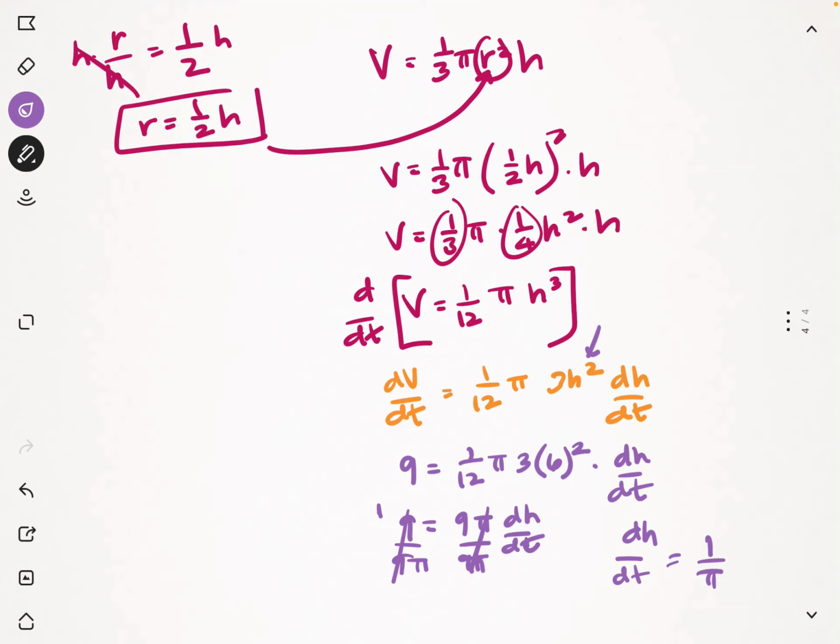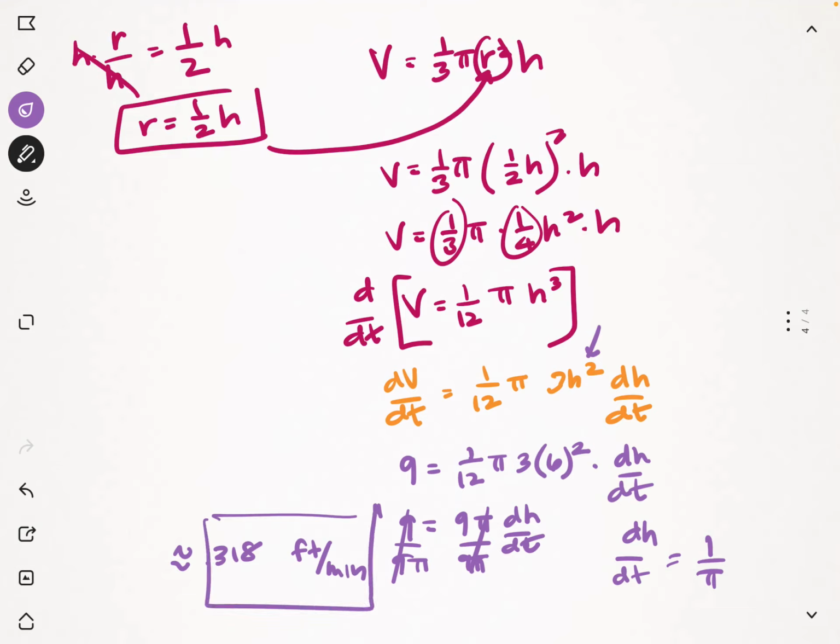Or if we calculate that, 1 divided by pi is 0.318. And that would be feet per minute, right? Because we're measuring in cubic feet per minute.